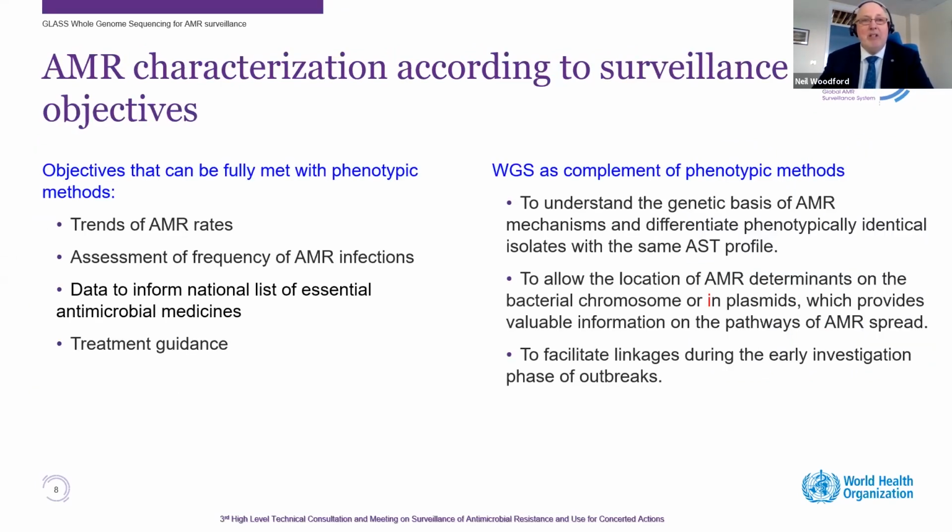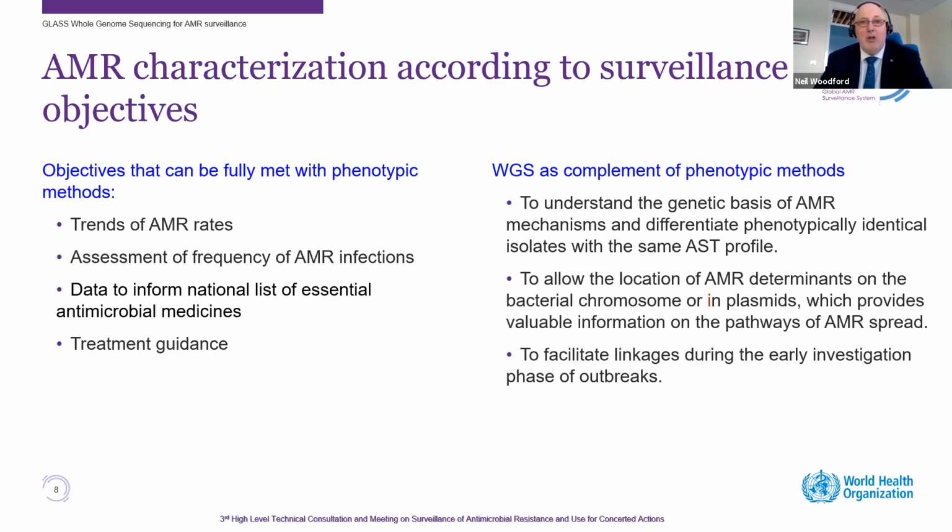So in terms of characterizing AMR for the surveillance objectives of GLASS, the phenotypic on the left will allow us to monitor AMR rates, and of course these appear in the GLASS reports, assessment of the frequency of AMR infections against the background rate of all infections caused by particular organisms. It provides data that can inform national lists of essential medicines.